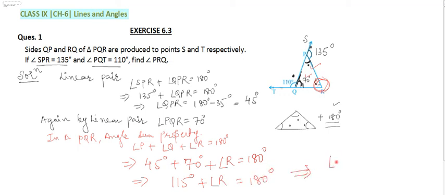Further solve it. Angle R is equal to 180 degree minus 115 degree, which comes out to be 65 degree. So the two properties which we have used here, linear pair and angle sum property, using these two properties we have solved this question, and value of angle PRQ is coming out to be 65 degree.